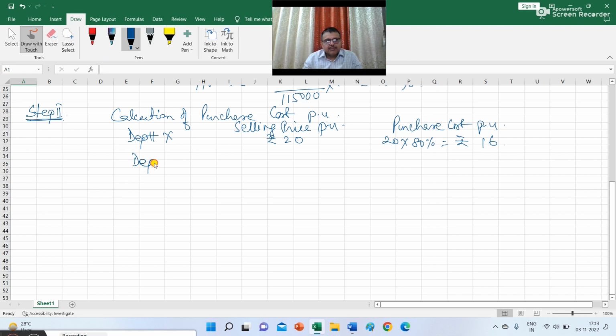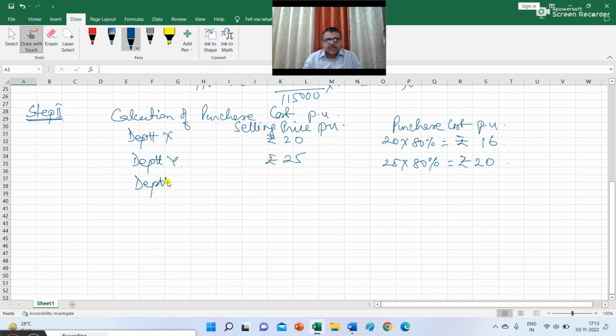So for department Y, the selling price is rupees 25. So the purchase cost per unit for department Y is rupees 20. That is 80% of rupees 25. You will get rupees 20.